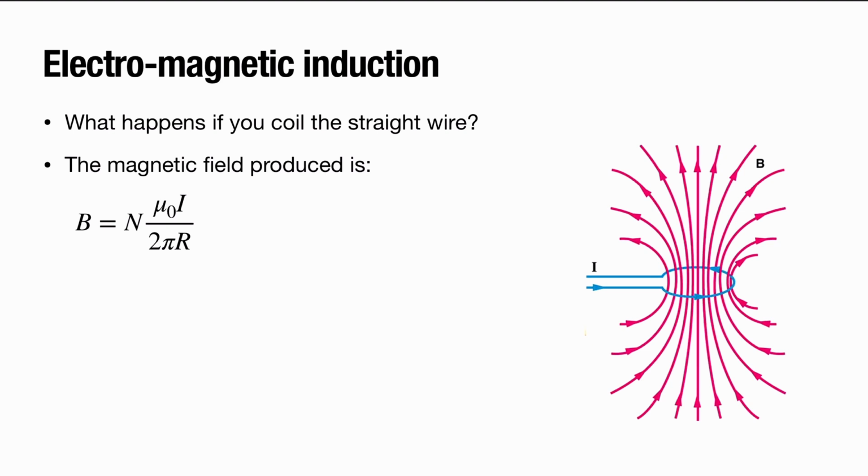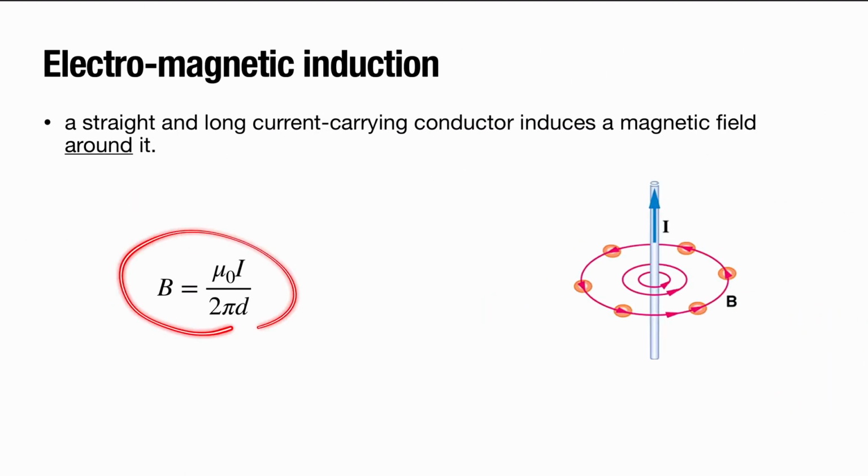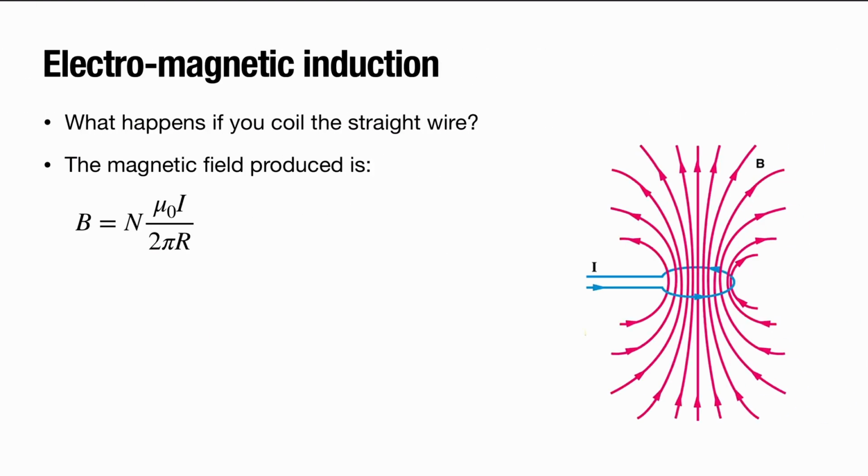So this means we can increase the magnetic field produced if we make more loops. Over here we only have one loop, so N would be equal to 1. So this formula would be almost equivalent to this one. But the point is, we can increase the size of the magnetic field by making a larger number of loops.